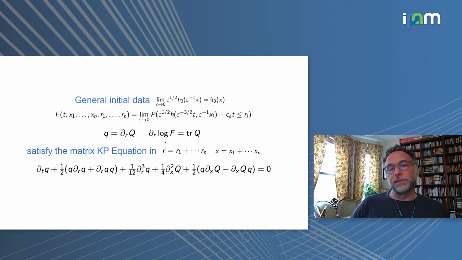These f's, just like the finite dimensional distributions of Brownian motion characterize Brownian motion, these multipoint distributions of H determine the asymptotic fluctuation process at a fixed time t. But we'll also see that actually the asymptotic fluctuation process is a Markov process. So knowing what it is at each fixed t is enough, and that determines the entire process.